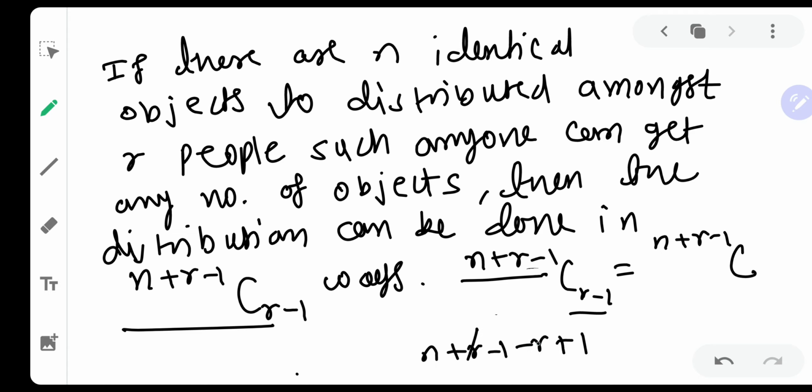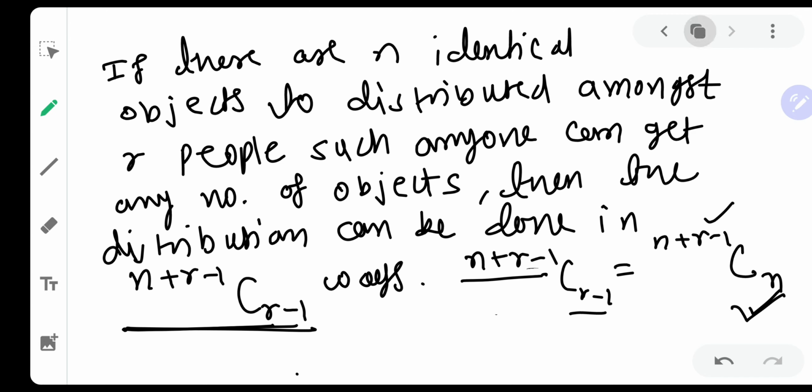Observe carefully, R got cancelled and even 1 got cancelled, so we are left with N. So N plus R minus 1 C R minus 1 has turned into N plus R minus 1 C N. Either you use this formula or this formula, your answer will be the same, right?